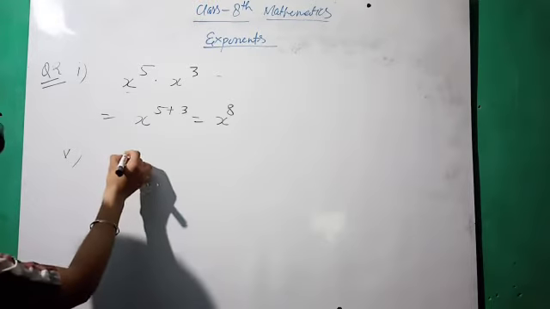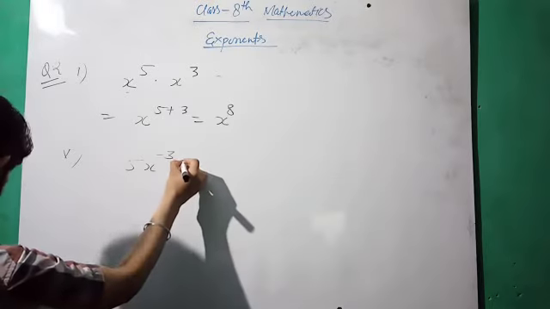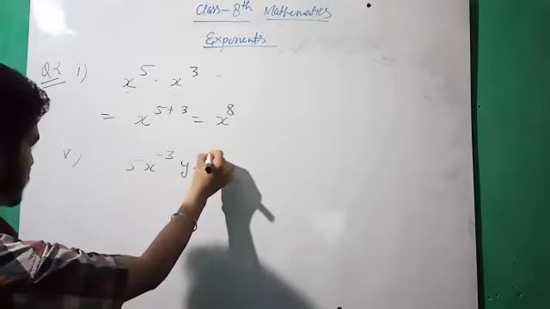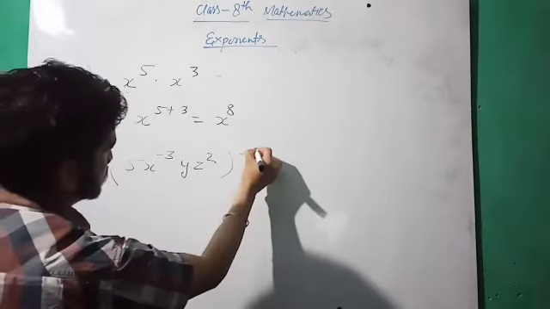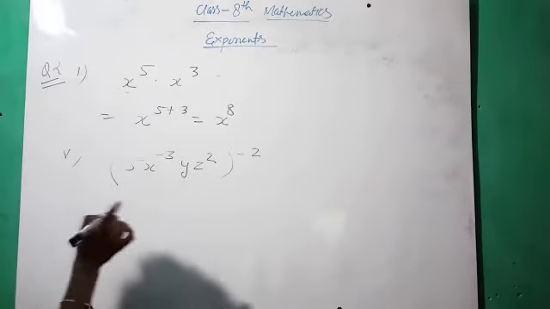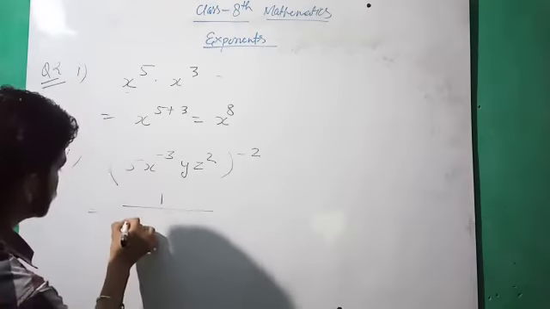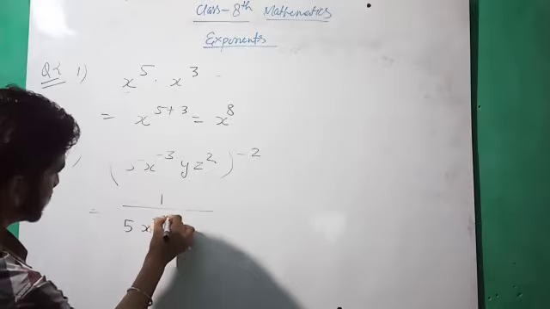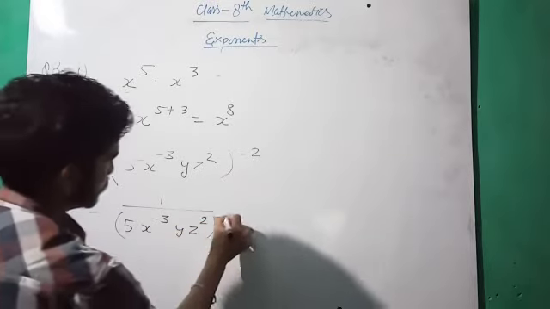Fifth part. 5 x to the power minus 3 y z square, to the power minus 2. Okay, minus 2 means it is written as 5 x to the power minus 3 y z square to the power 2.